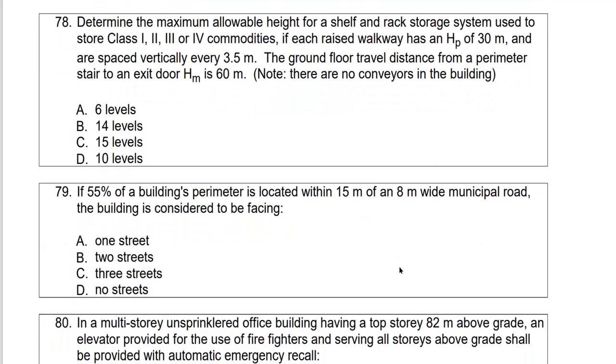Here's a catch for this. What is the minimum width of a firefighting access route? It's 9 meters wide. So basically, it's not facing any street. So the answer is D, no street. I'm sorry, I just went to look for that. So these are the tricks in the questions.